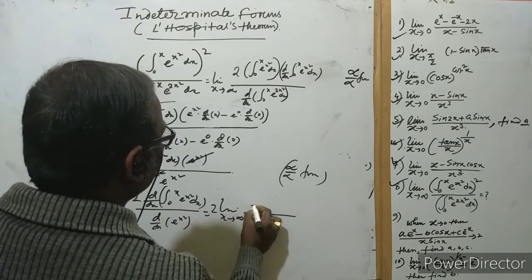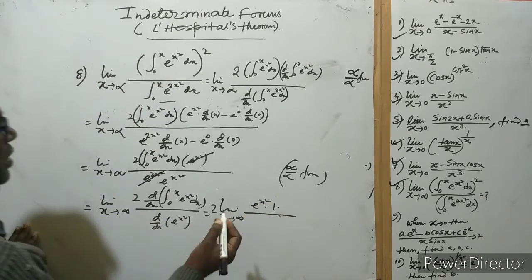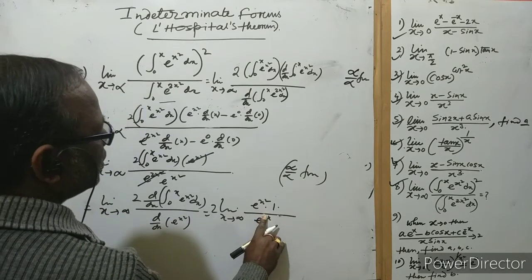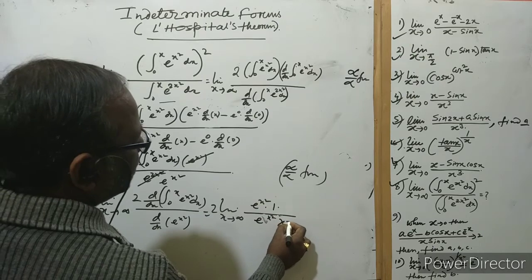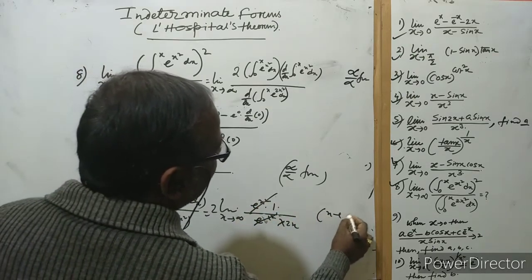So e to the power x square and d/dx of x is 1. Again differentiate e to the power x square, which gives twice x. So these two are cancelled since x tends to infinity.